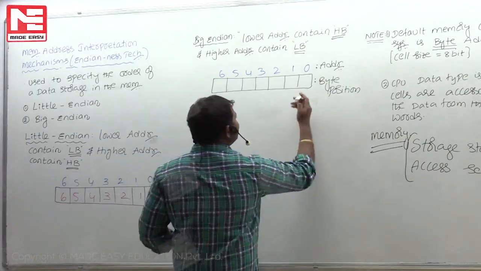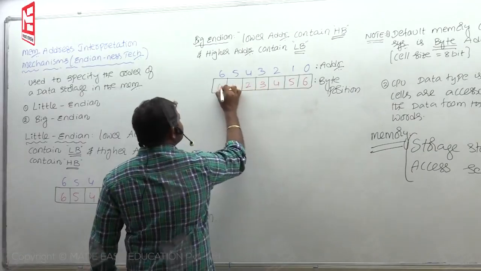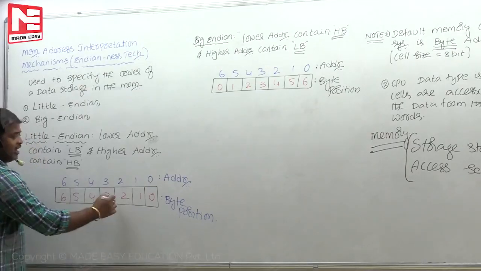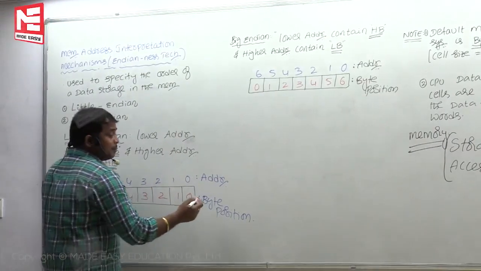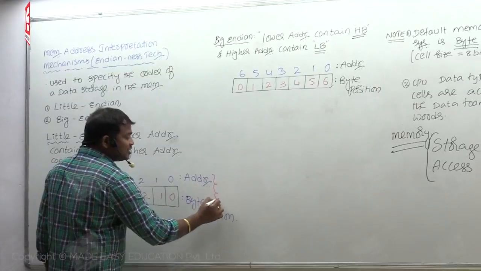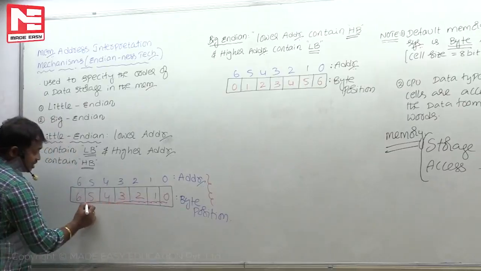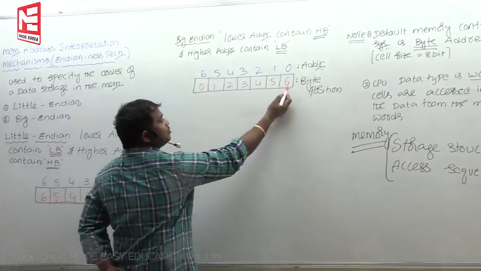So here the order is 6, 5, 4, 3, 2, 1, 0 like this. Now clearly observe the little endian and big endian. In little endian and big endian, the memory structure is not changed. Byte positions are changed. Here 0 to 6. Here 6 to 0.